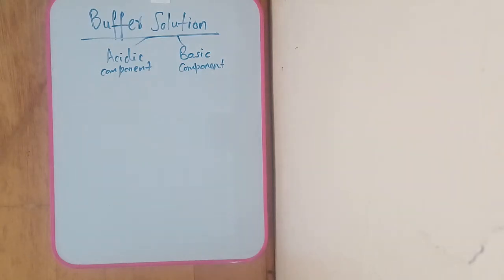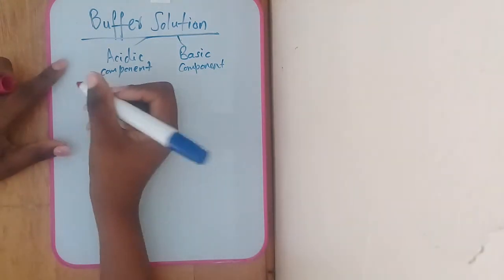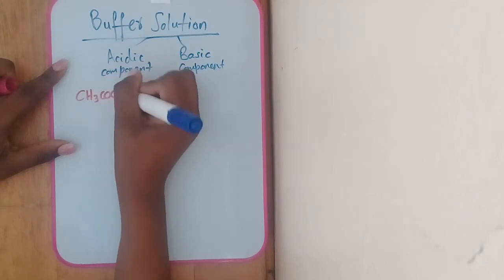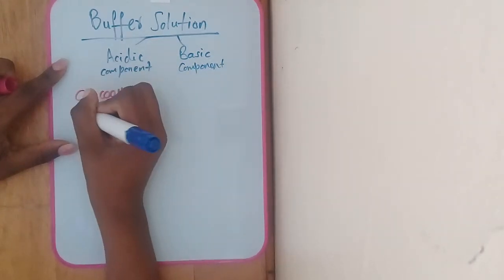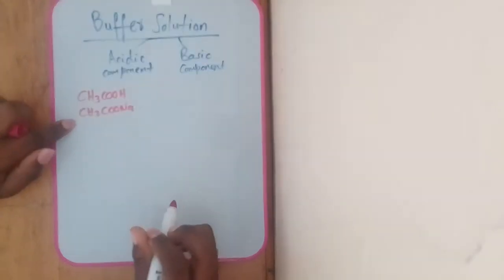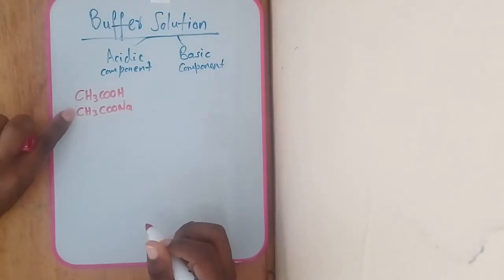For instance, if we want to use a weak acid, acetic acid, a famous example, you will use its salt, which is CH3COONa, sodium acetate. So for acetic acid, we use its salt called sodium acetate.